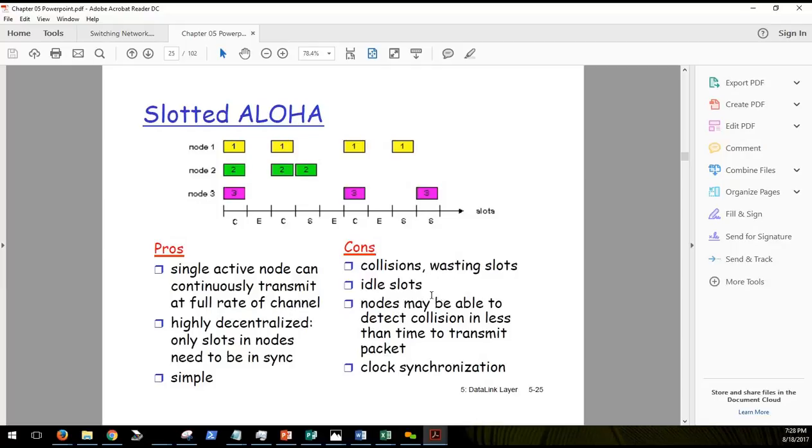Nodes may be able to detect the collision in less than the time to transmit the packet, so they may not always have enough time to detect that collision. And there has to be synchronization of the clocks between the nodes. That's why we say the nodes need to be in sync, okay?